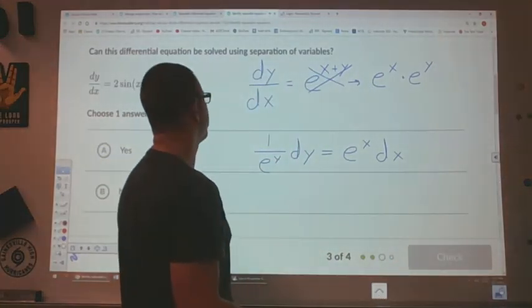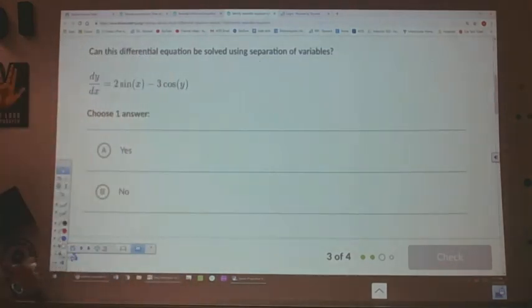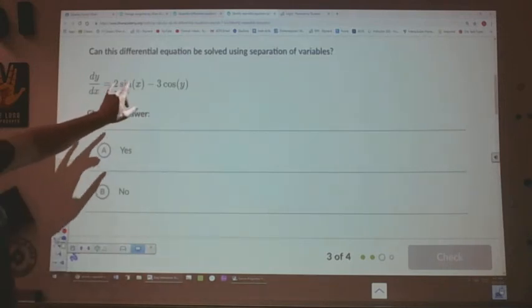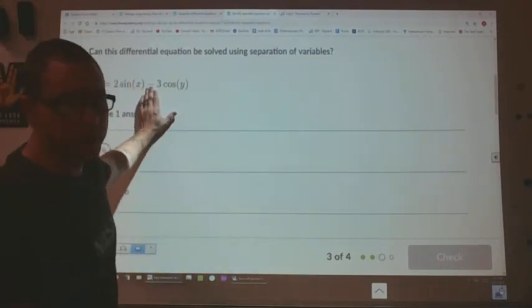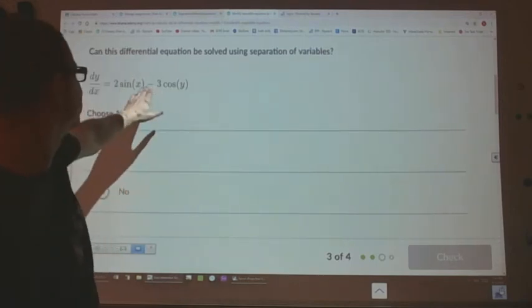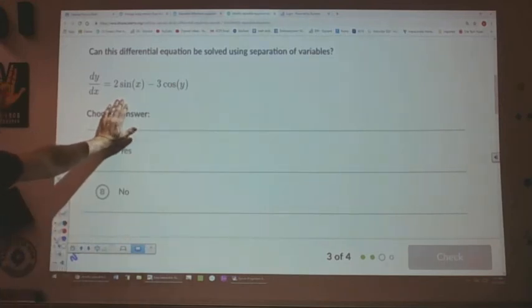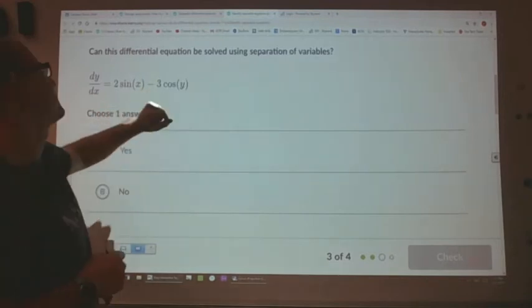I'm assuming they have some in here that are not possible. This one. Now, you may think on this one that yes, that is super easy to do. We just add 3 cosine y to both sides and we're good to go. But it's not.